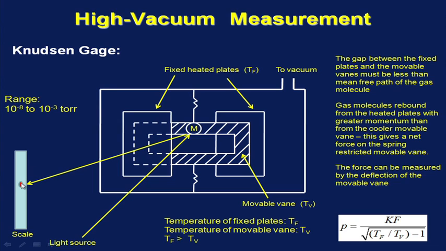From the reflection of a spot of light on this scale, I can measure the deflection of the movable vane, and then from the knowledge of the deflection I can measure the force acting on the movable vane. So, if I know the force, I can make use of this formula to determine the pressure, where K is a constant, F is the force, Tf is the temperature of the fixed plates, Tv is the temperature of the movable vane.